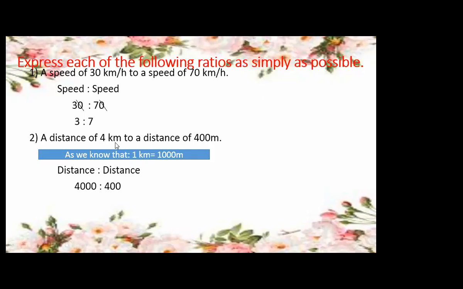Because here the units are different. So we have to express it as simply as possible. We can cancel these two zeros with these two zeros, right? Like this, we get 40 ratio 4. 4 ones are 4, 4 tens are 40. So the answer is 10 ratio 1.